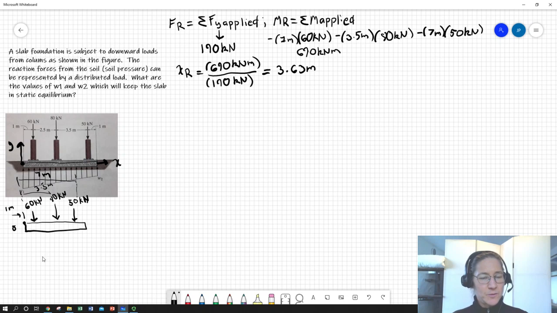So if we want to simplify our FBD again, we can say the mirror image of that force resultant, or a distributed load, has to equal 7.